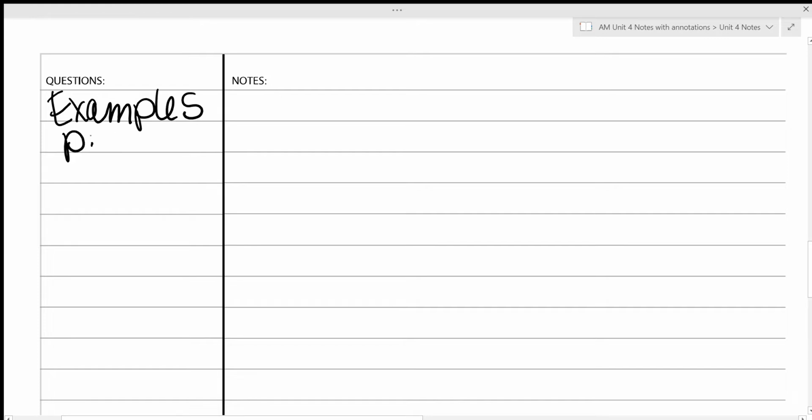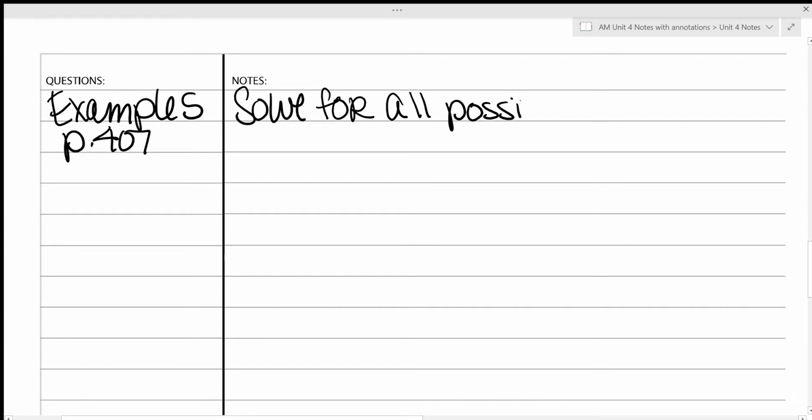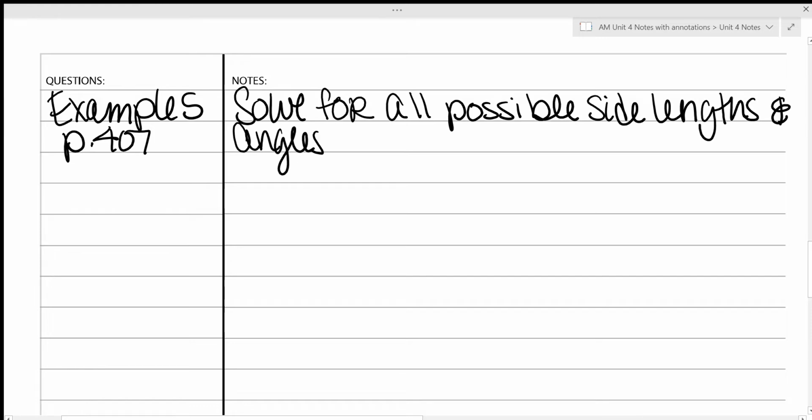It's still on page 407, and it's going to say solve for all possible side lengths and angles for triangle ABC.